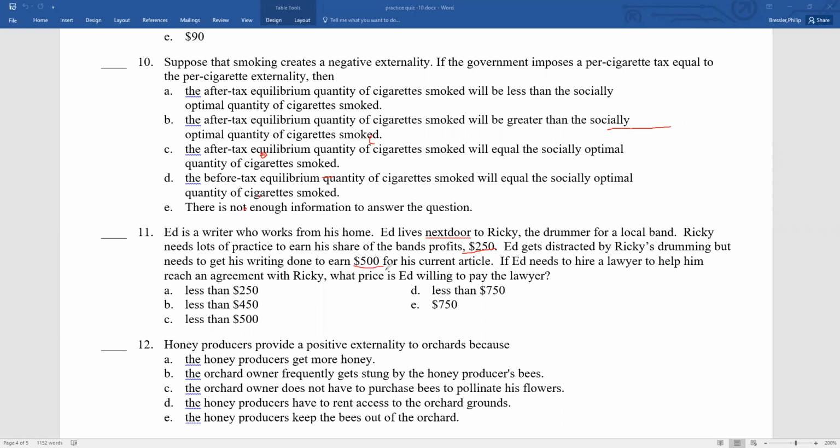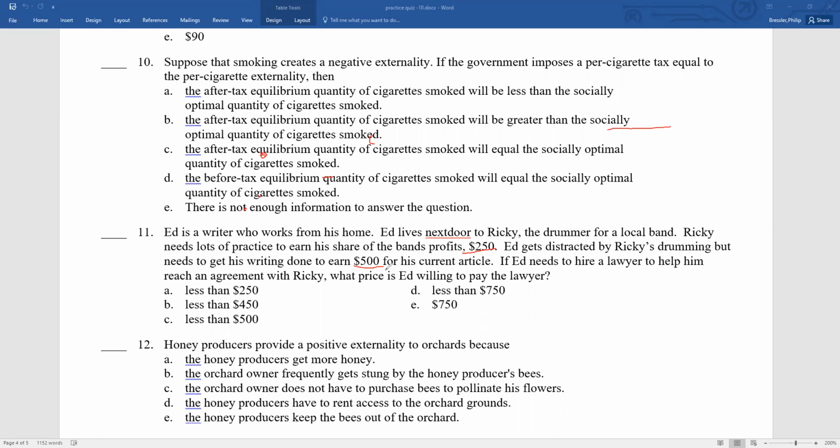If Ed hires a lawyer to help him make an agreement with Ricky, what price is Ed willing to pay? Ed's willing to pay anything less than 500. And really, the 500 should be the total of anything he's giving Ricky and anything he's giving his lawyer, because anything over 500 is past his benefit, and we never have marginal cost greater than marginal benefit.